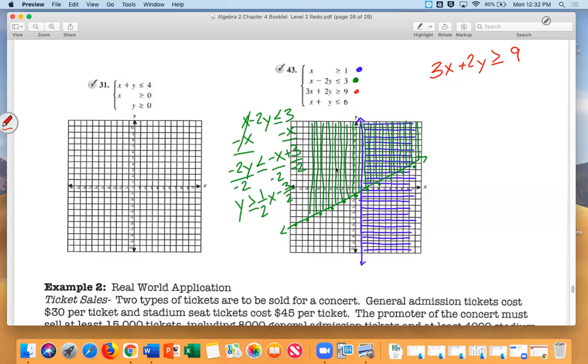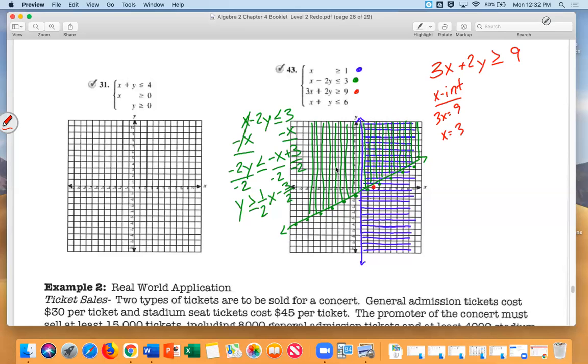If you don't like doing the whole y-intercept thing, y equals mx plus b, we can still try to graph it using intercepts. So I can do the x-intercept by covering up y. I get 3x equals 9, x equals 3. So I go find 3. That's going to be 1, 2, 3.